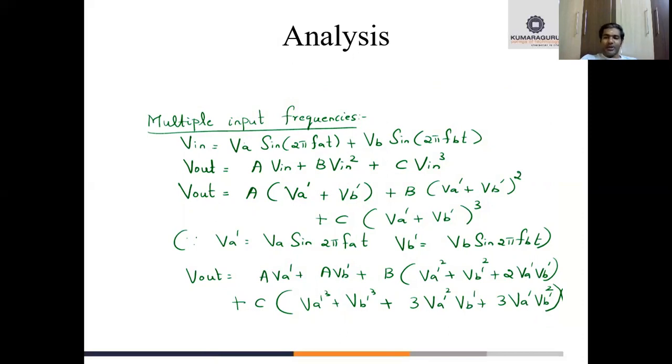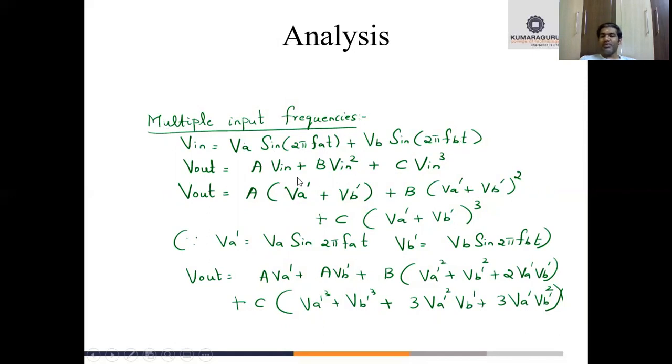So here we are going to analyze the added sum of two signals given as an input to a nonlinear amplifier. Okay, so my V in here is VA sine 2 pi FAT plus VB sine 2 pi FBT, because it is two signals. VA is the first signal amplitude, FA is the first signal frequency, VB is the second signal amplitude, and FB is the second signal frequency.